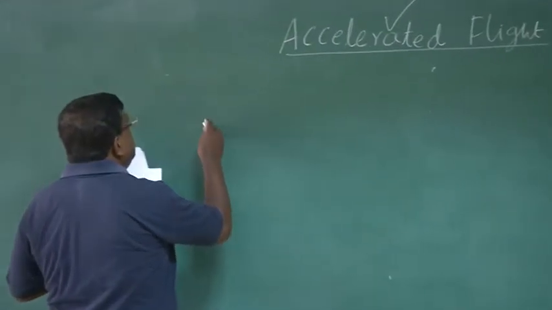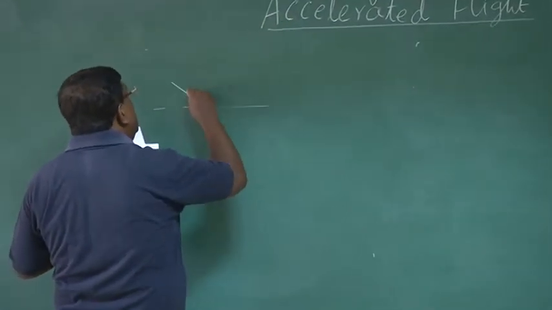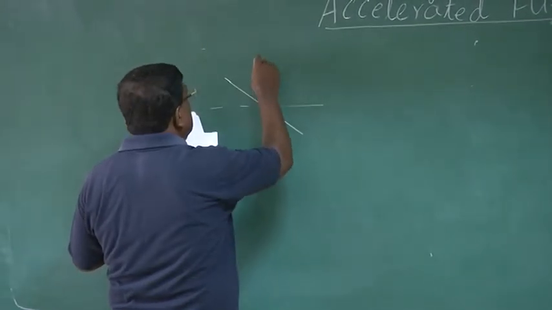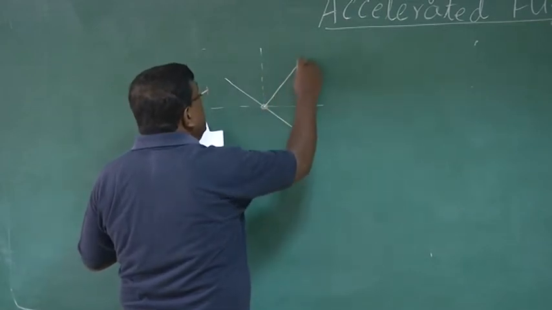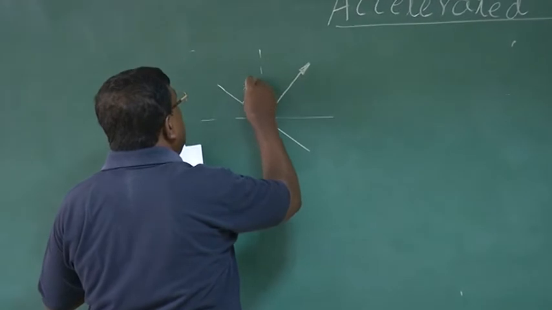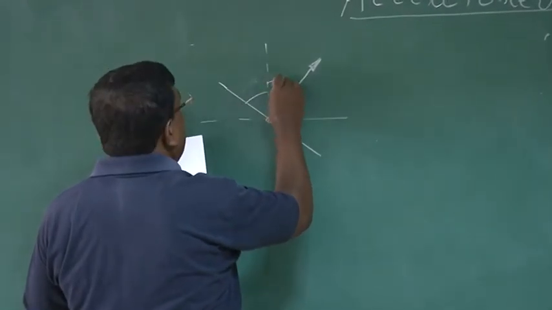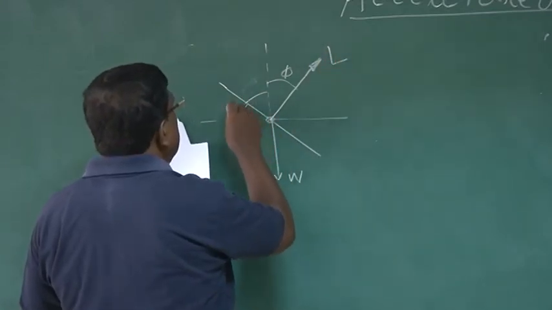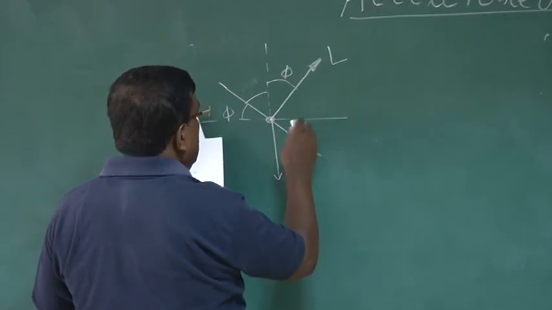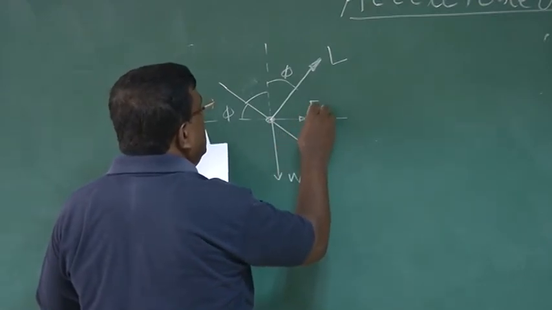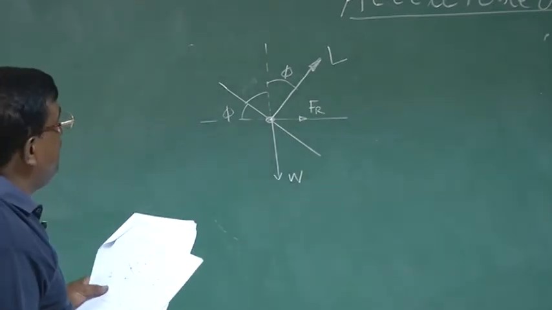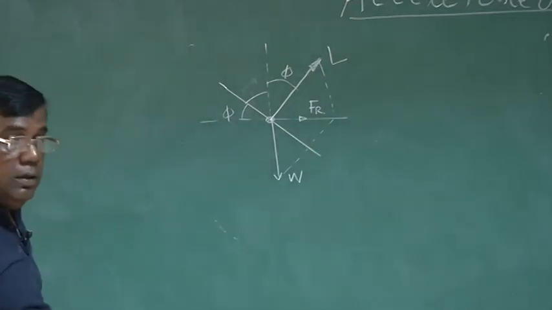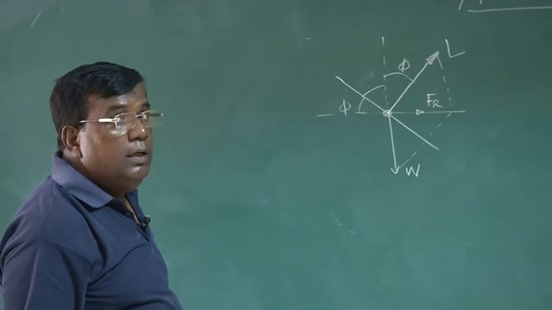Let me draw it. See, we have banked the airplane by angle phi. This is the lift, this is the weight, this is again phi, and this I call Fr, that horizontal force which will be responsible for giving me a circular motion in the horizontal plane.